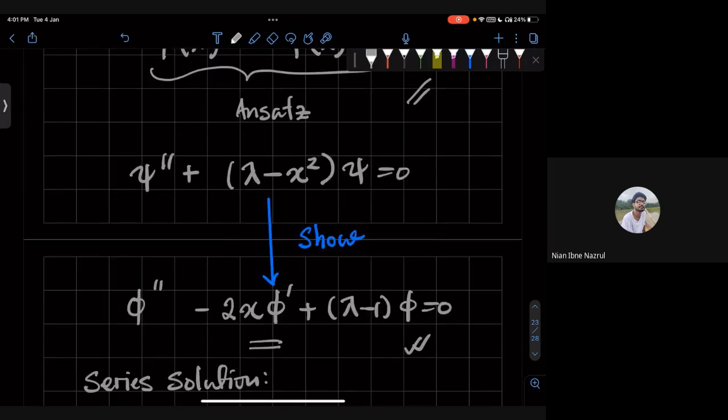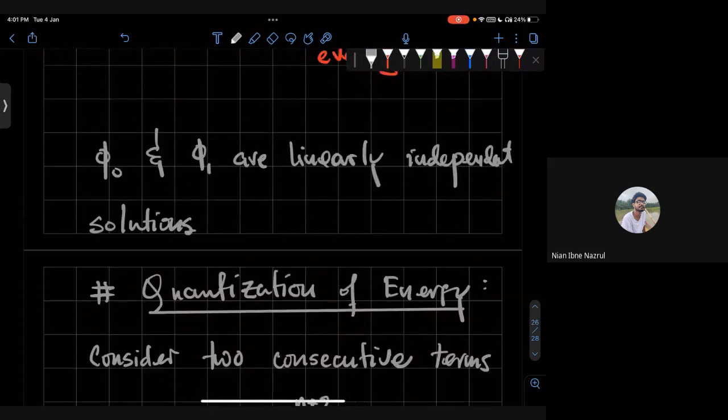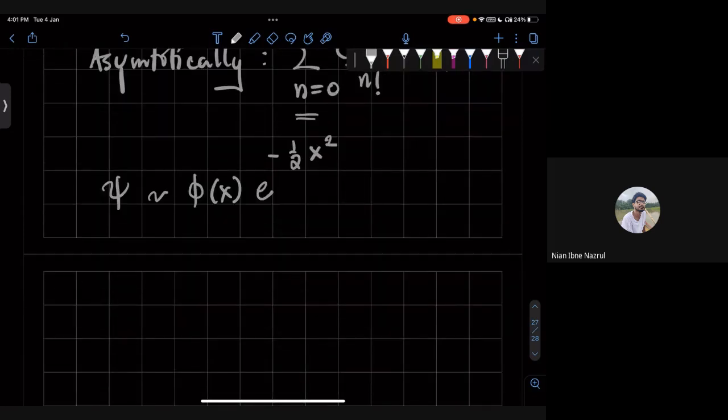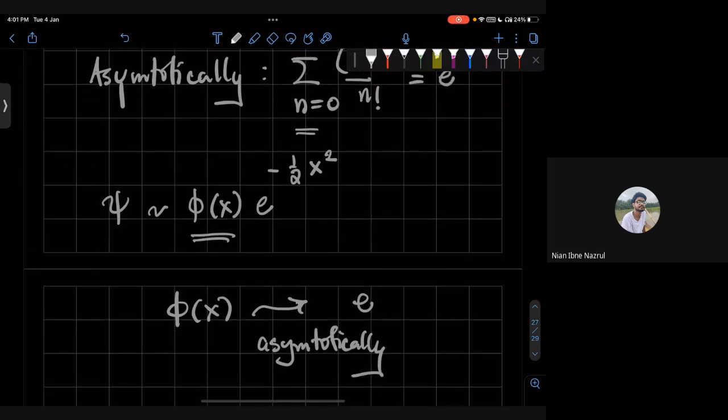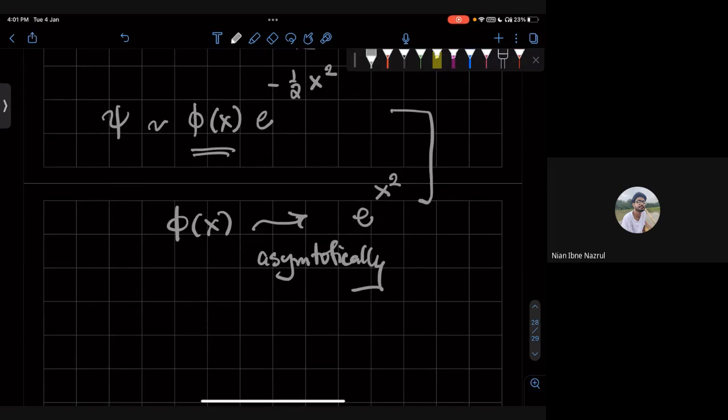And so we found that phi itself, phi of x asymptotically, behaves like e to the power x squared, right? So when we put these two together, we have a problem. Psi is divergent, right?